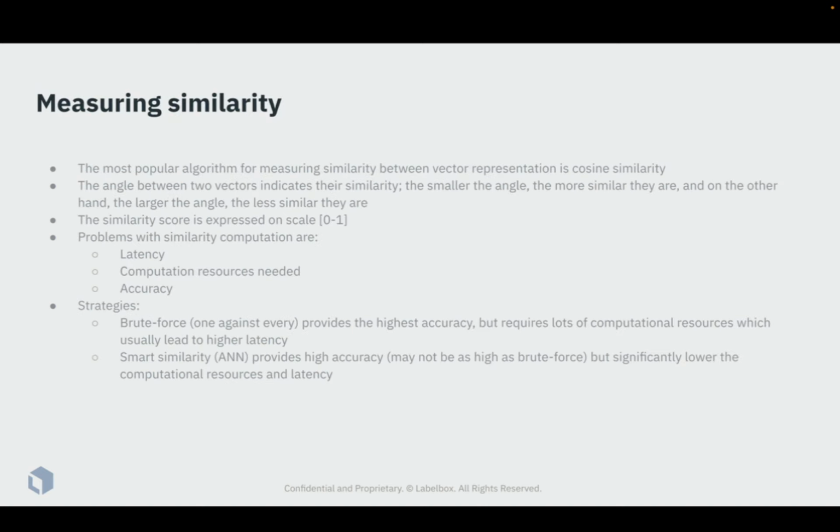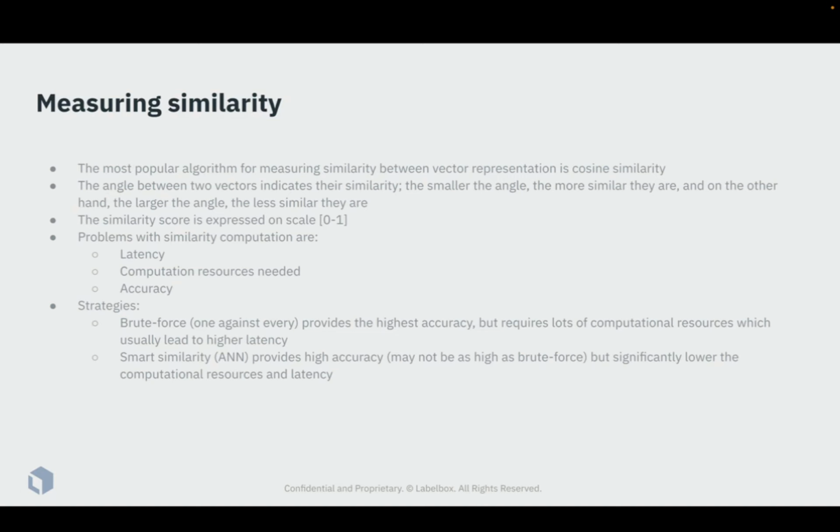So let's talk a little bit more about how we can measure similarity between two assets. The most popular algorithm for measuring similarity between two assets or two vector representations is cosine similarity. It's not the only measure, it's not the only algorithm. There's more, but it's one of the most frequent ones. The idea is that when you have two vectors that are within the same dimensionality, the angle between the two kind of indicates their similarity.